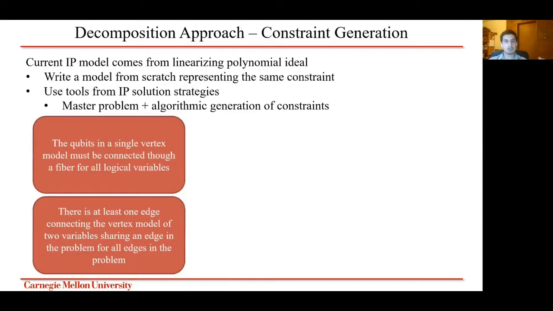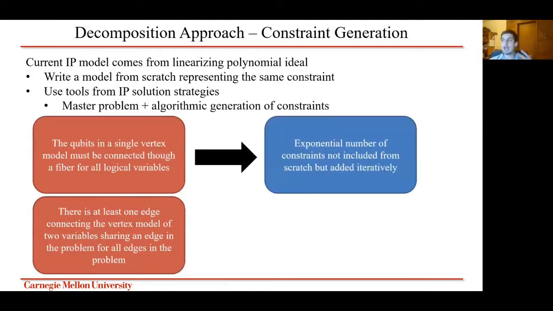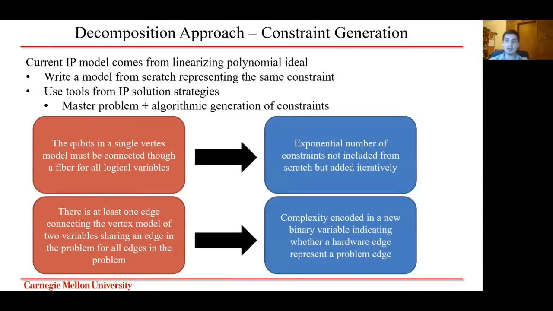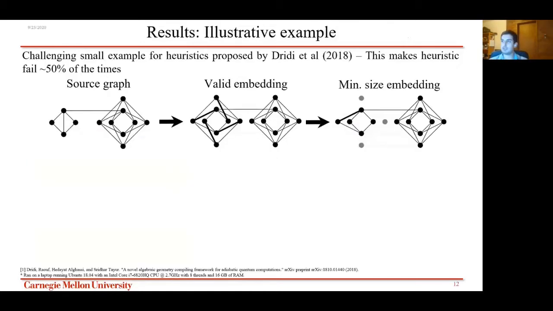So the two complicating parts that we were talking about, those exponential number of constraints in order to model the connectivity within the vertex models, that we can address just by constraint generation and only adding those constraints that are relevant for our problem. And then the other complicating part, which had to do with these edges in the original problem being edges in the graph, those we can encode with a new variable and then use that in order to make our solution process more efficient.